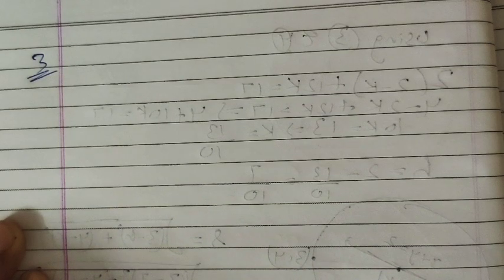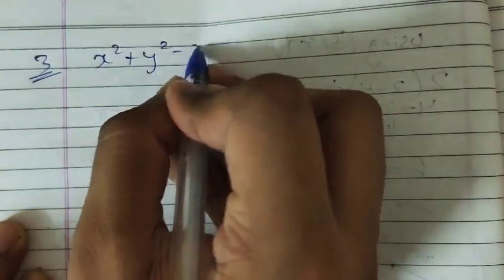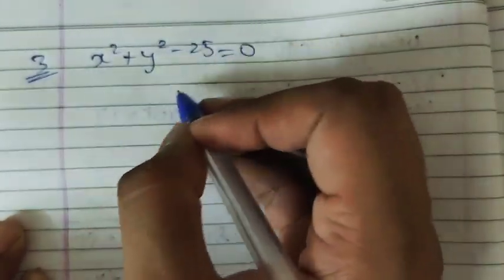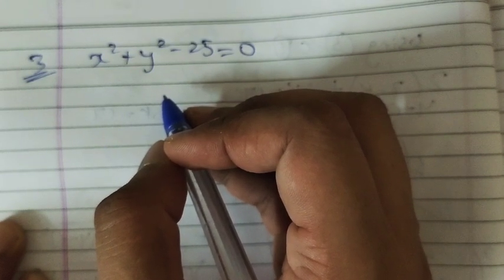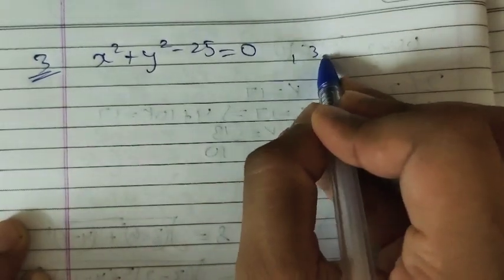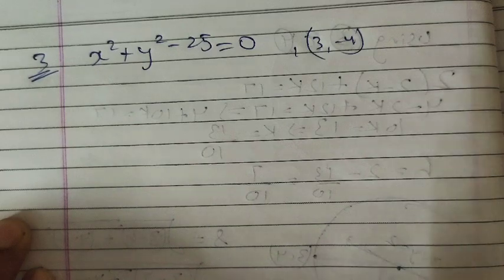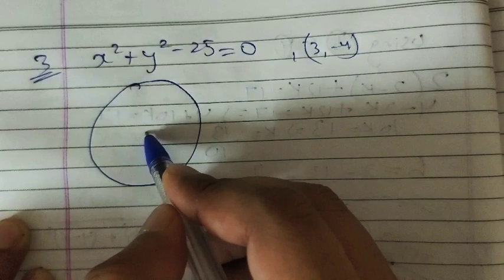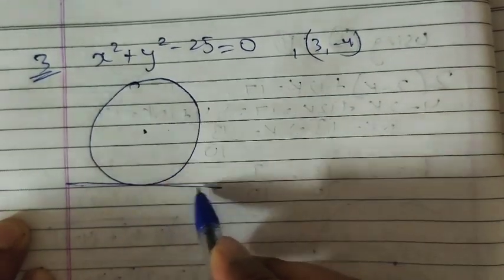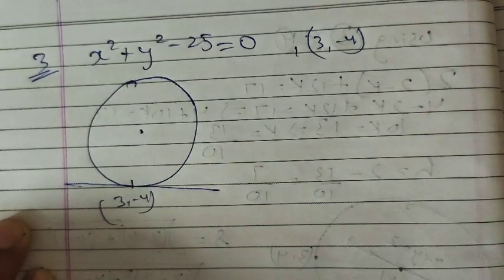Question number 3. Find the equation of a tangent to the circle x square plus y square minus 25 is equal to 0 at the point 3 comma minus 4. So 3 comma minus 4 is a point, and we have to find the equation of the tangent at 3 comma minus 4, right?